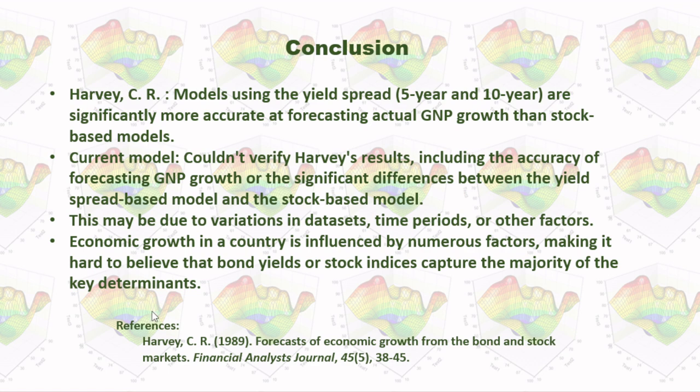As I mentioned at the beginning, in this paper, Harvey said models using yield spread are significantly more accurate at forecasting actual GNP growth than stock-based models. But in my model, I couldn't verify Harvey's result, including the accuracy of forecasting GNP growth or the significant differences between the yield spread-based model and the stock-based model.